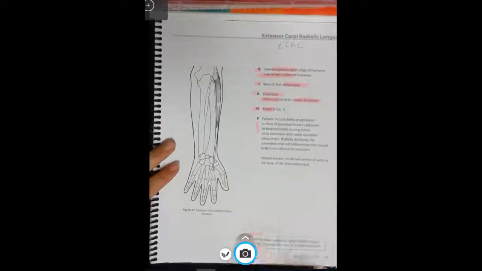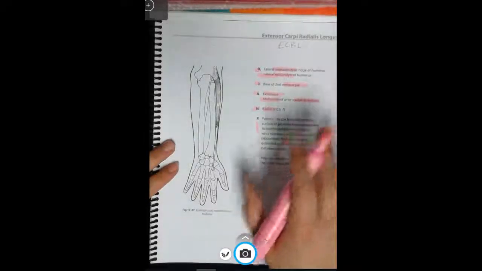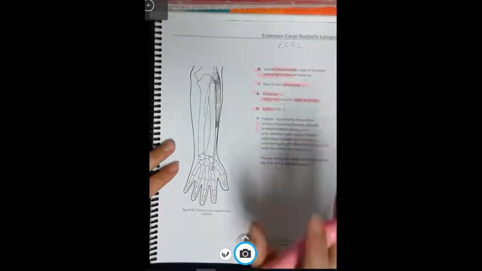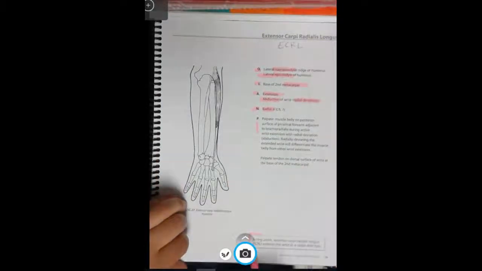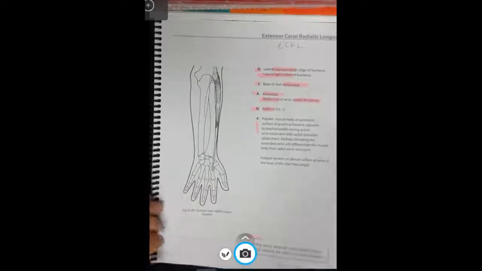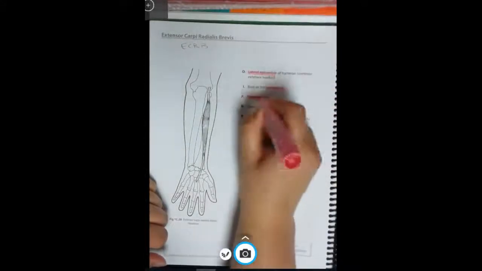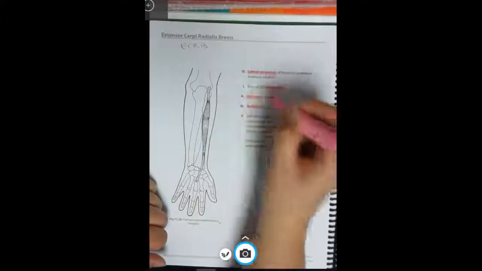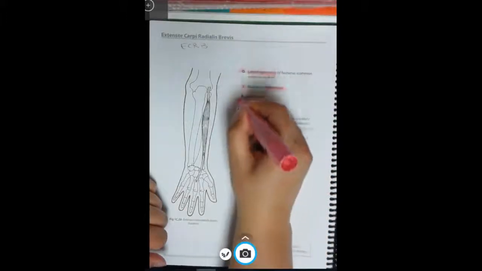If you do this alone, you will extend your hand more in a radial direction like this, rather than fully if you do not have your ulnaris. So that's what that box is telling you there. Now we have the little one, ECRB. We're going to do the lateral epicondyle to the metacarpal, does extension, it's the radial nerve, and you can also palpate that. Okay, that kind of says the same thing as well.